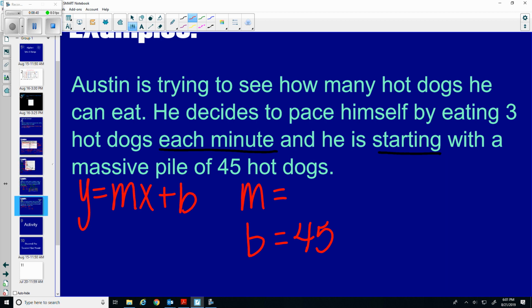Now, is my slope going to be 3 or negative 3? It's actually going to be negative 3. So let's say I'm not going to draw 45 of them. Let's say these are my hot dogs.